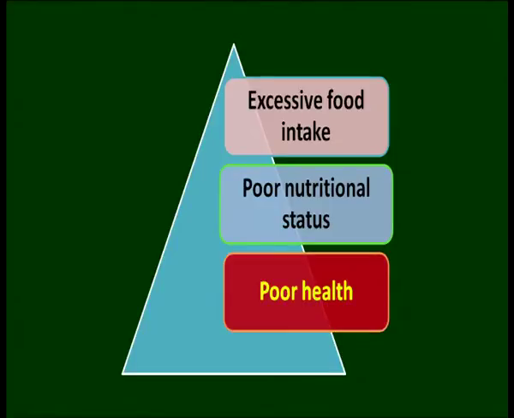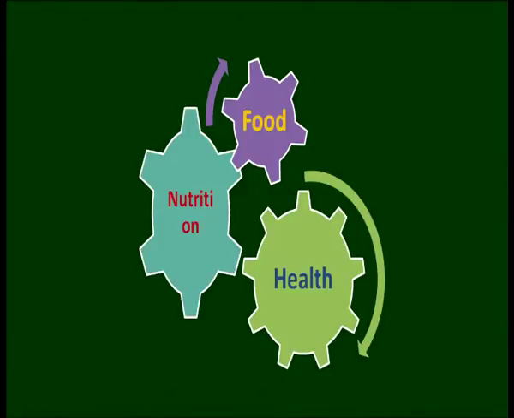Let us see, if you eat in excessive amounts, again there is poor nutritional status and poor health. So, that must be balanced. So, there is a close interaction or interrelationship between food, nutrition and health. I hope in this video you have understood the interrelationship, because all food contains some nutrient or the other, and everybody wants to know what the nutritional requirements are and from where they will get them.